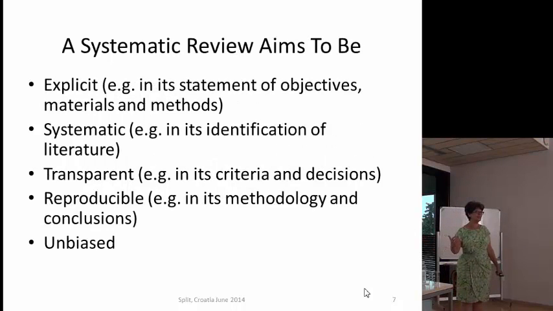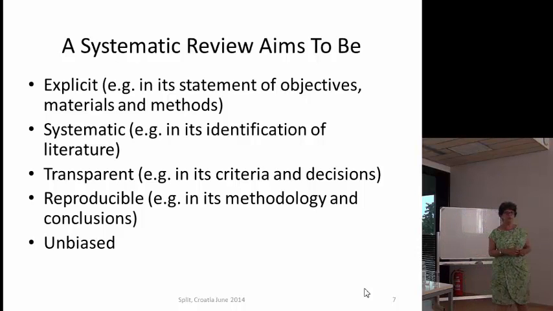Okay. So a systematic review tries to conform to basic principles of what we would consider good science. So it tries to be explicit in terms of its statement of objectives, in terms of the materials that it uses, in terms of the methods that it employs.